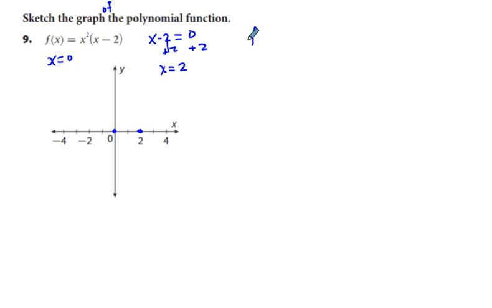So I'm going to put f of x equals x squared times x minus 2. And if we distribute here, we have f of x is equal to x cubed minus 2x squared. So that's what that looks like.